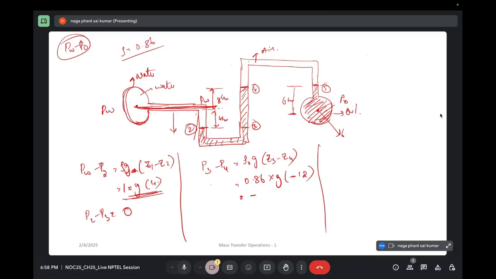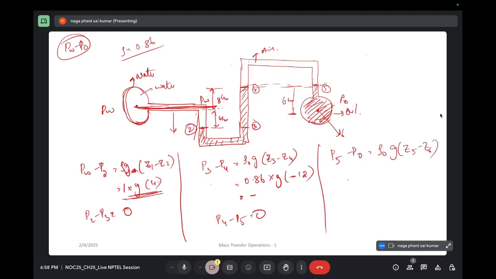So now we need to calculate P4 minus P5. Again they are at same height, and the connecting liquid is the same liquid, so obviously P4 minus P5 will be 0. And now P5 minus PO, this will be rho O into G into Z5 minus Z6.